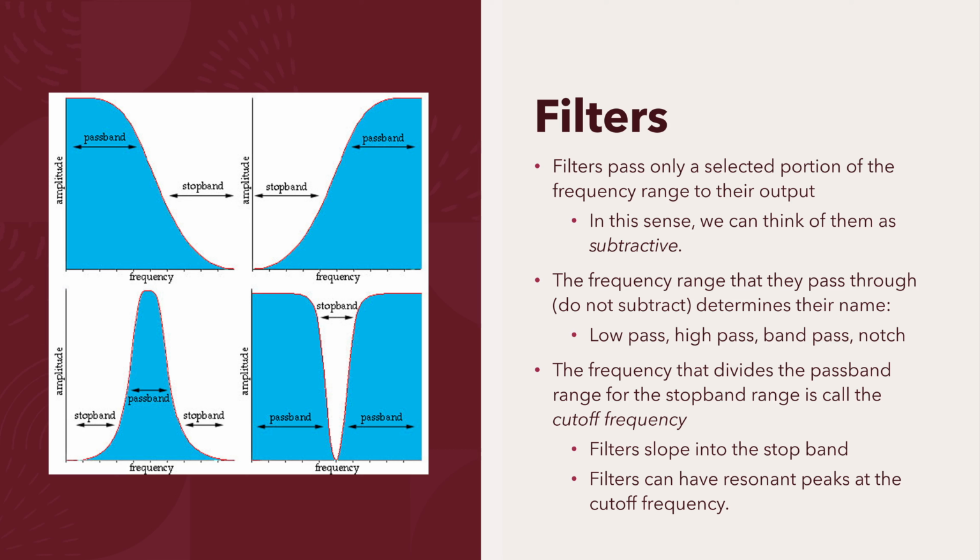You can kind of think of a filter as like an eye patch, where you are able to use the patch to select out certain parts of the overall plane of view.